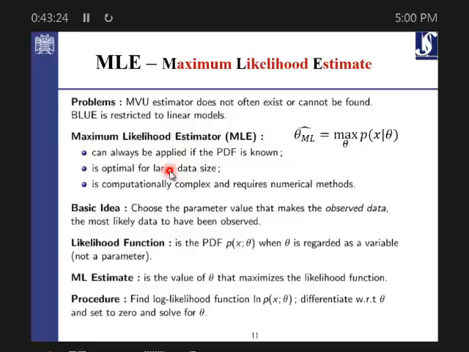The best that you can get is the maximum likelihood if you have a large amount of data. But if you lack data, maximum likelihood probably is not a good approach to take.